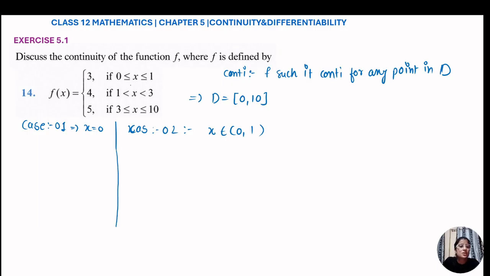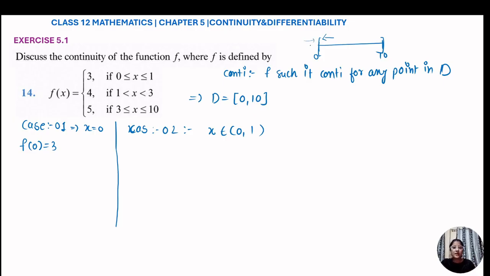So for case 1, that is x equals to 0. As your domain is 0 to 10 only, you can first of all find the function value. Our f of 0 is defined as 3. Now the limiting value, as you have taken the domain only this part, you have to take only the right hand limit, because we don't have the function value when you come from the left.